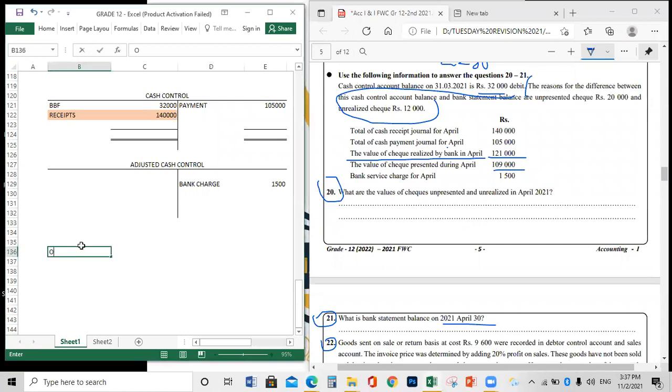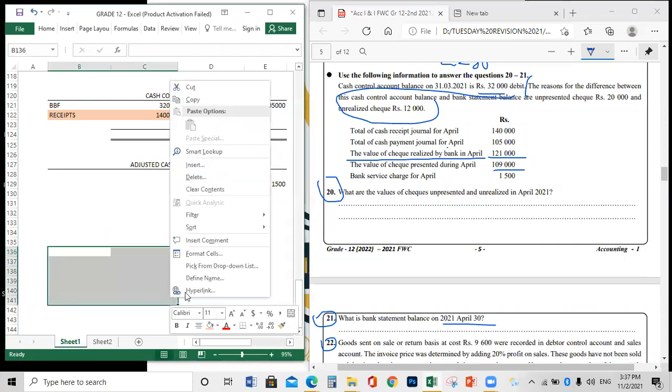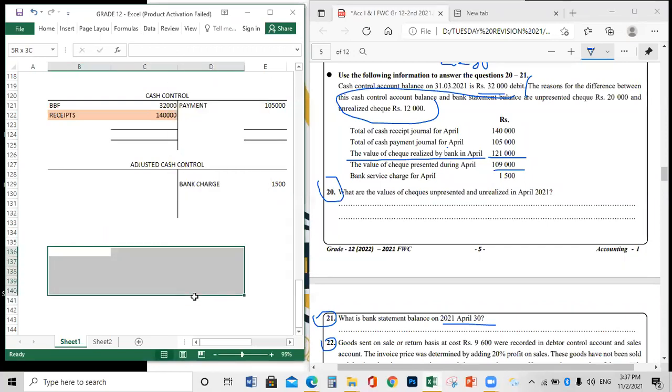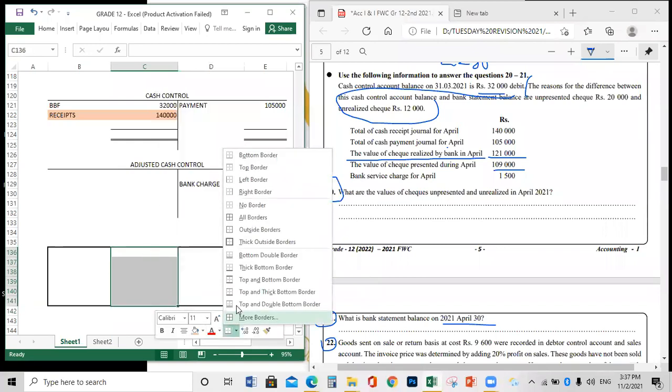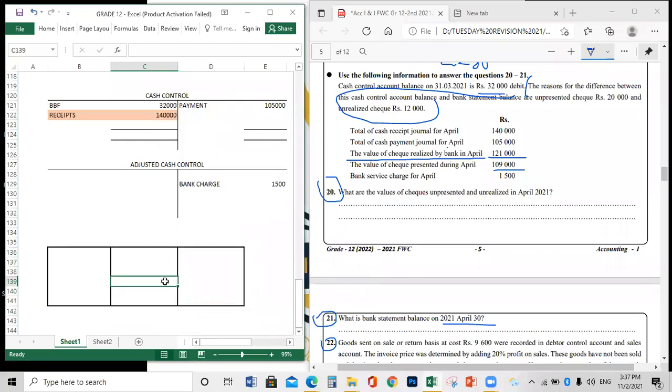If you take the opening balance, listen carefully guys. They always test questions like this where they give the bank statement opening balance different from the cash control. You should know what to do then.